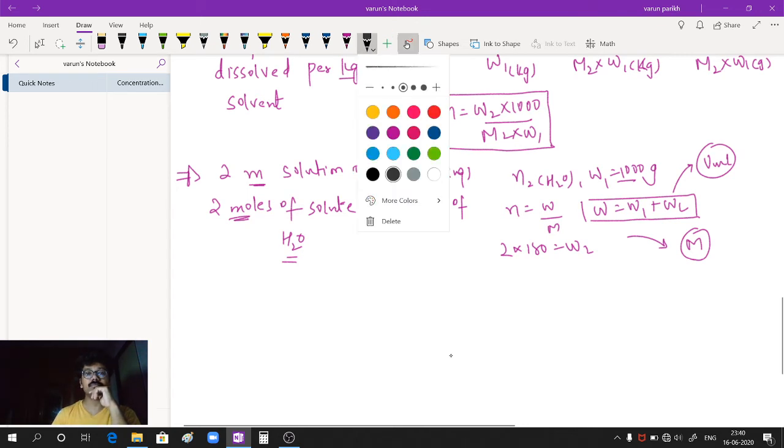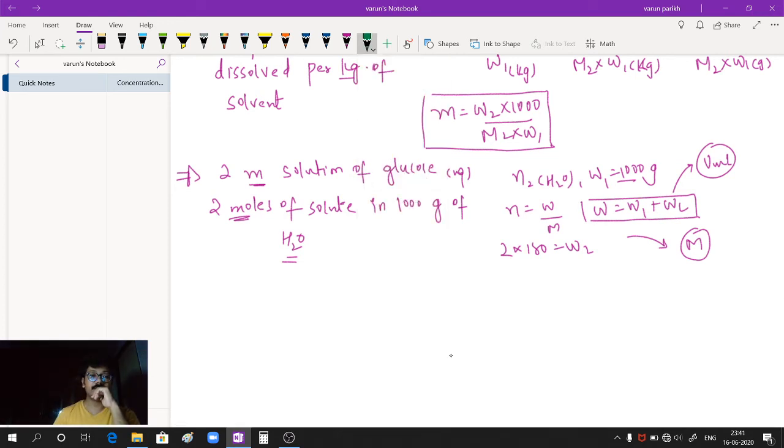There is one concept based question that comes in CBSE. What is the concept based question they ask? Which is temperature dependent, molarity or molality?